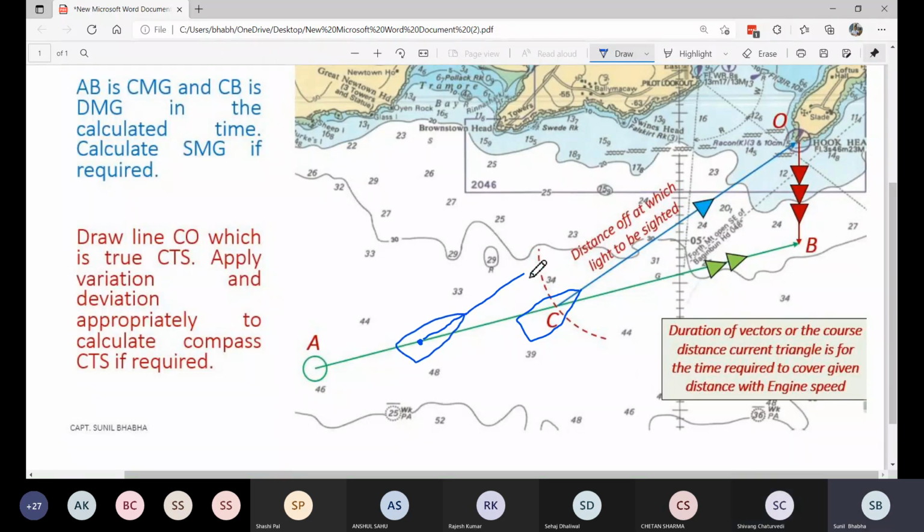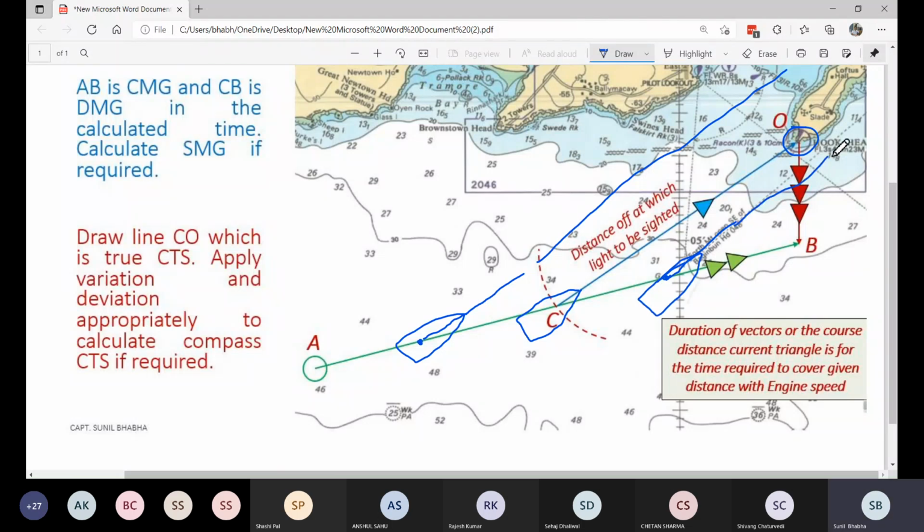Like this. So now you see, जो ये Hook Head lighthouse है हमारा, it will be on starboard bow. Yes sir. So between A to C, the Hook Head light is on our starboard bow. When you reach Point Charlie, the Hook Head lighthouse is right ahead. And if you cross this point and come somewhere here, let me make the diagram of the ship here also.